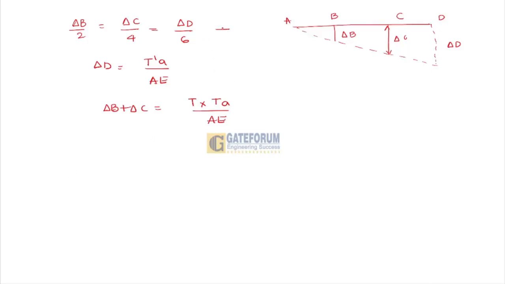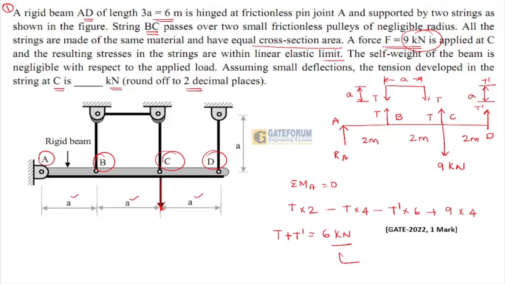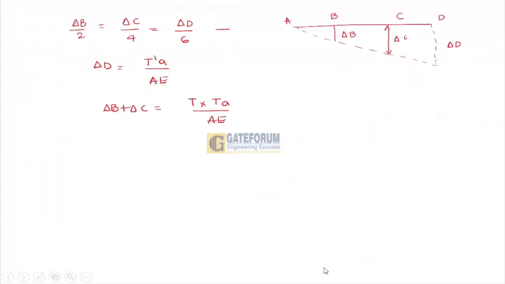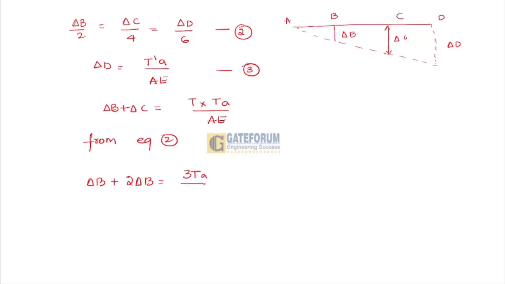Let this equation be 1, this is 2 and this is 3. From equation number 2, delta B plus 2 delta B will be equal to 3 TA by AE, right? So delta B will be equal to TA by AE. 3 and 3 get cancelled.